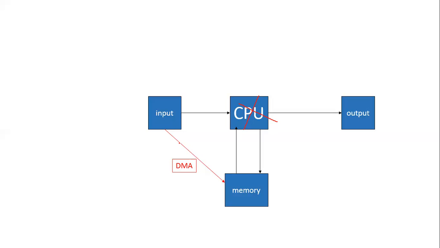The second one is the destination address. And the third one is how much data you have to transfer, that is, the size of the data. These are the three registers mainly you have to remember during this DMA operation.